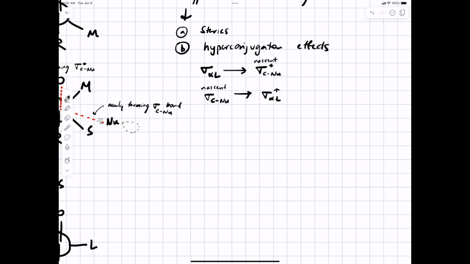And if the bond isn't very well formed, that means the sigma star is pretty low in energy. Okay? So early on, prior to attack, or early on as the attack is happening, that sigma star is a good acceptor because it's very low in energy.